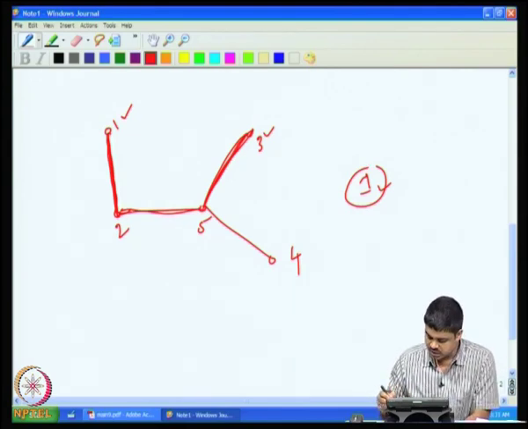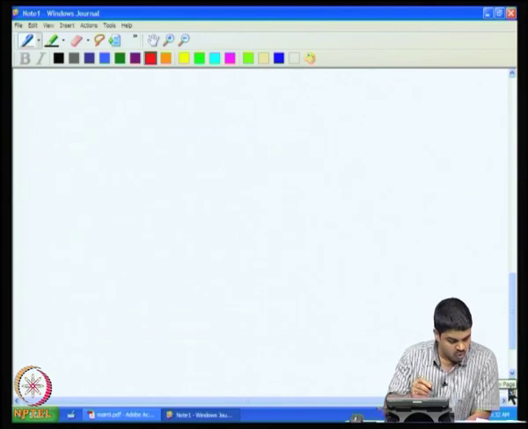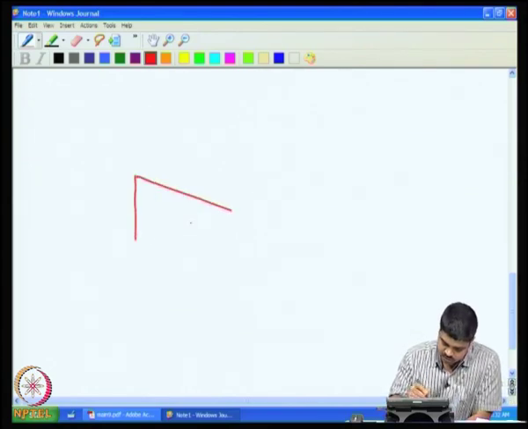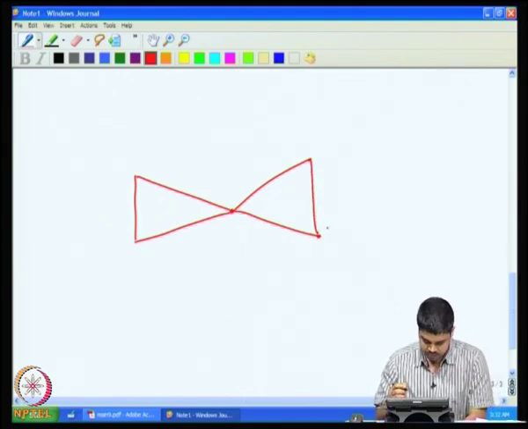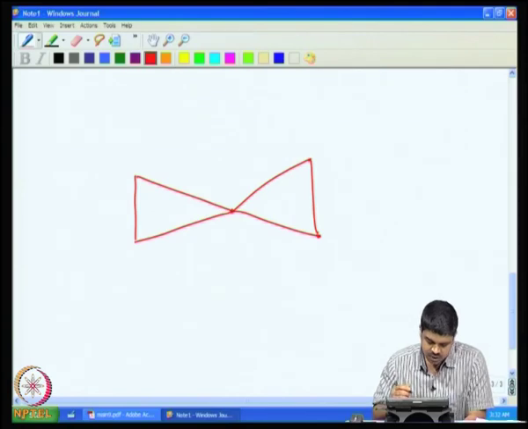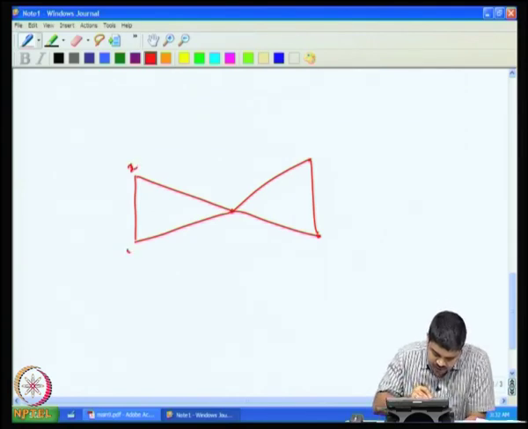Now, let us take a little more complicated example than the earlier one. It is still simple, but here, between x and y, what is the local connectivity? There is one path here, and there is another path I can take.